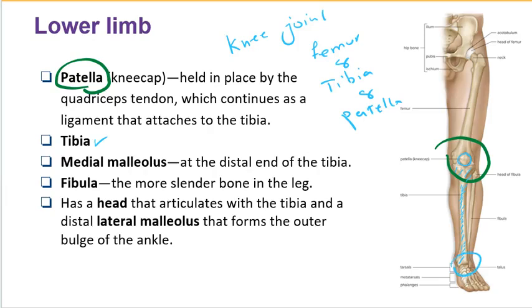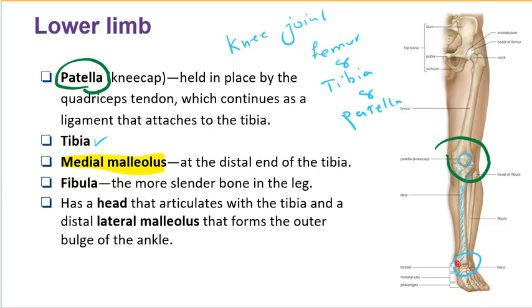One important bony marking of the tibia is a bump that you can touch on the medial part of your ankle. This bony bump is called the medial malleolus. The medial malleolus is found at the distal end of the tibia, and you can feel it on the medial aspect of your ankle.